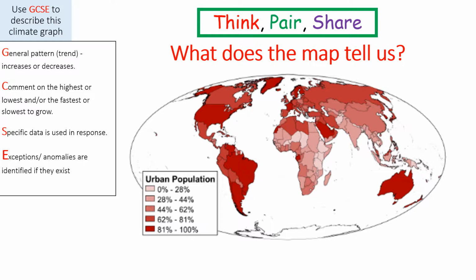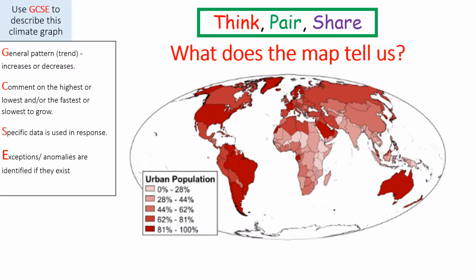So you can see that North America, South America, and Europe all have very high rates of urbanization of around 62% plus, whereas if you look at Africa, South and Eastern Asia, we have mainly got rates of about 28 to about 62%.